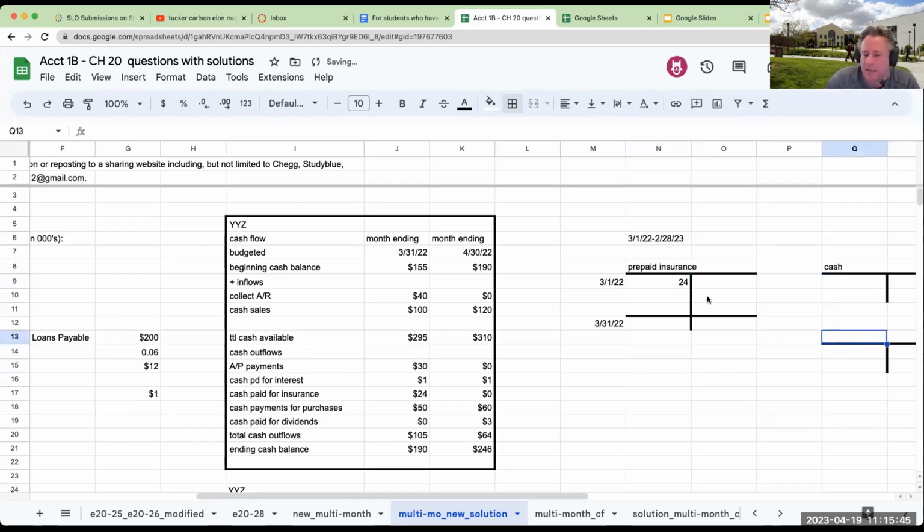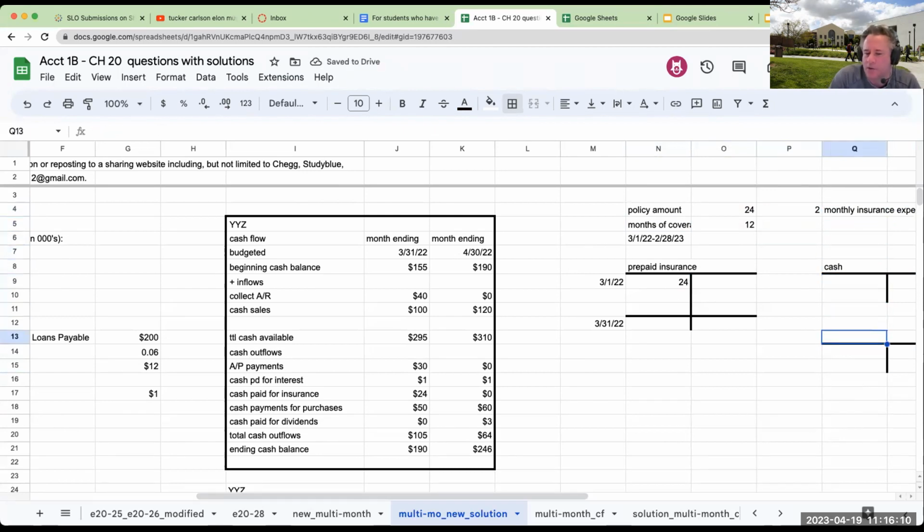So what do I need to do? Well, if it is a $24,000 policy amount, and my months of coverage are 12, the amount of my monthly insurance expense is going to be $2,000 per month.